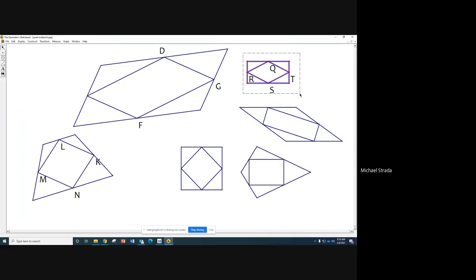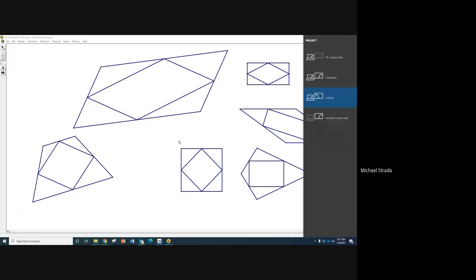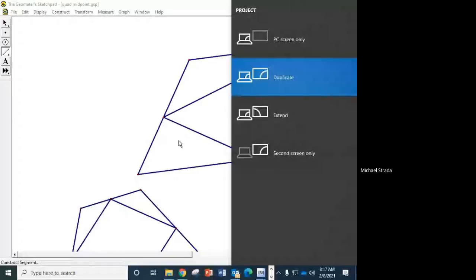Let's get rid of the labels here, and here, and down here. So if you just want to memorize this, it's fine. It's not going to matter to me. All right, so I'm going to do this, Windows P, duplicate, and now we can all see my screen.